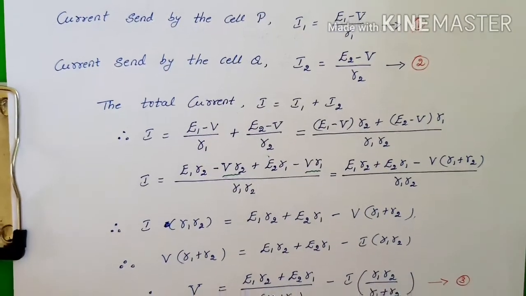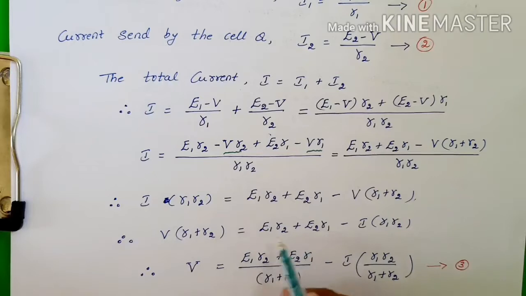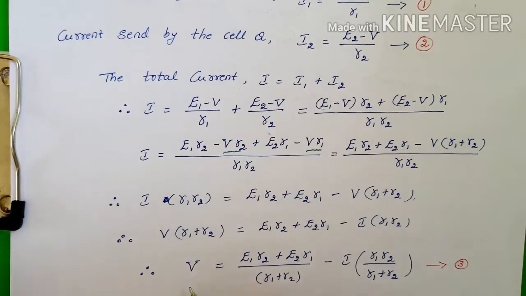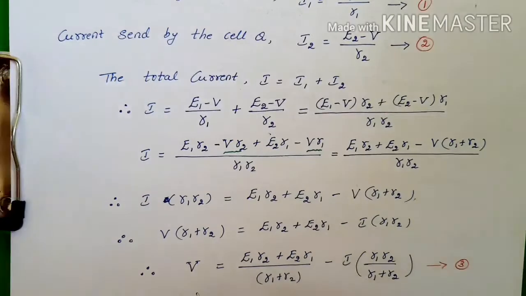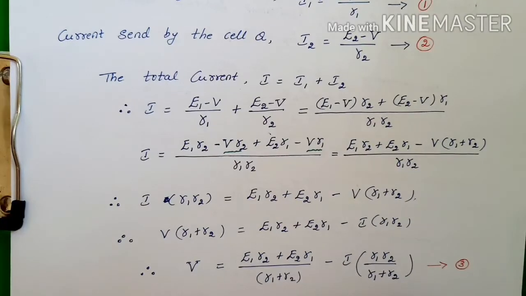Now I will move this R1 plus R2 to the denominator of the RHS, then R1 R2 by R1 plus R2 will go to the denominators of these two factors. Understood? So this is the potential difference, the total potential difference for the first circuit, which is having the two cells P and Q. Now I can write the same type of equation for the equivalent circuit.